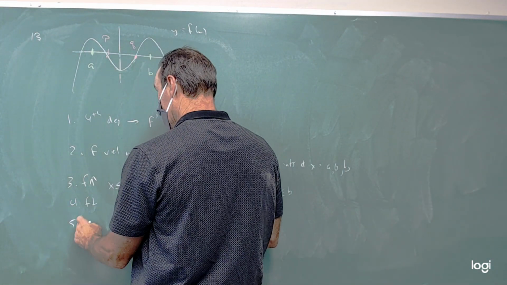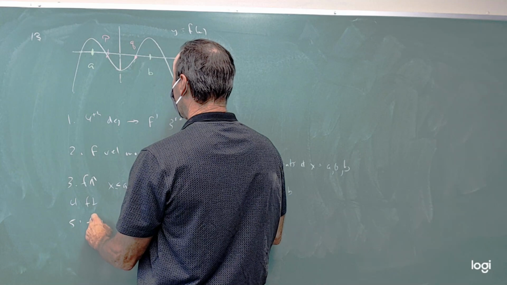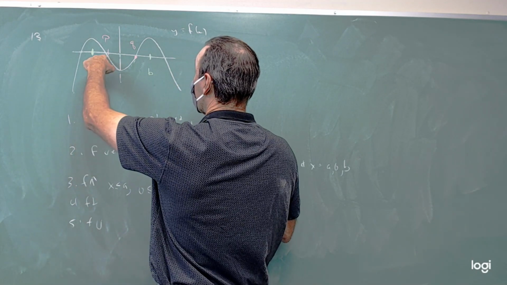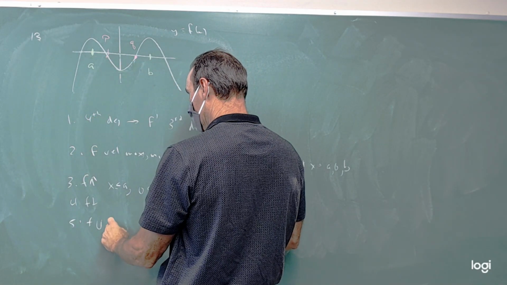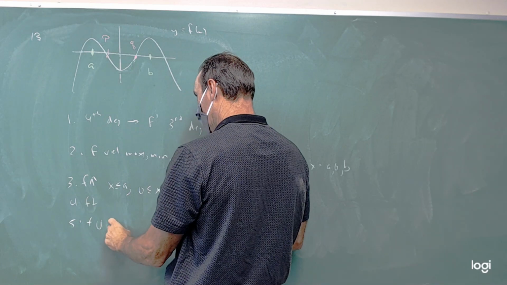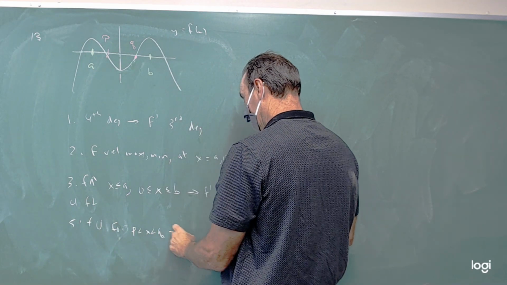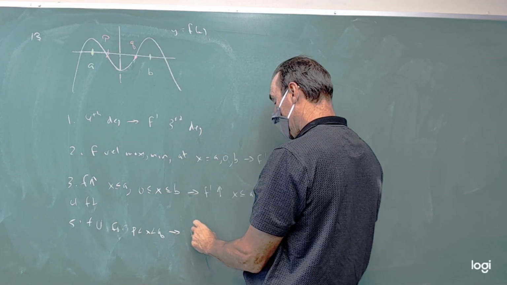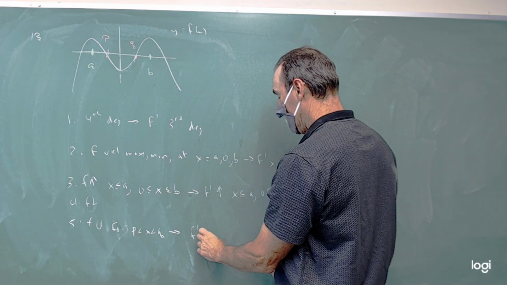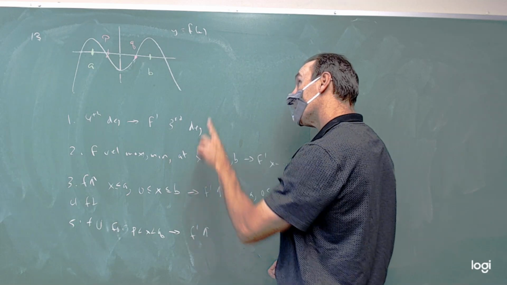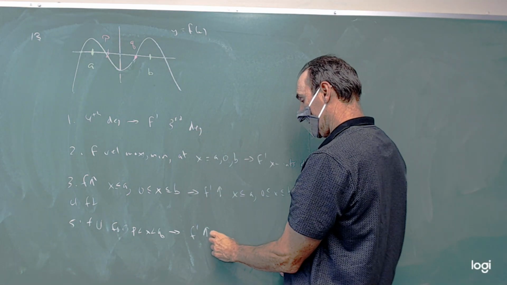And for number 4, you're going to talk about where it's decreasing. You can add in f is concave up. It looks like from P to Q. So I'll say for P less than x less than Q. And that means that f prime will have to be increasing on that same interval.